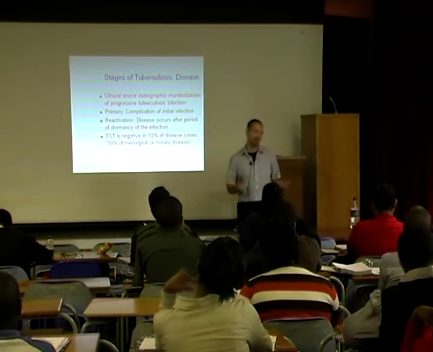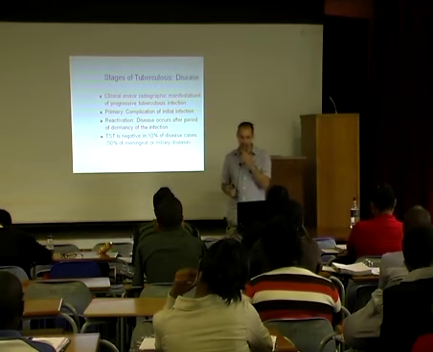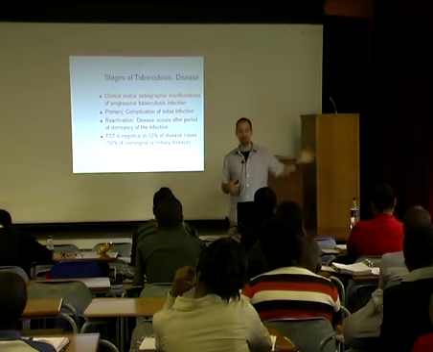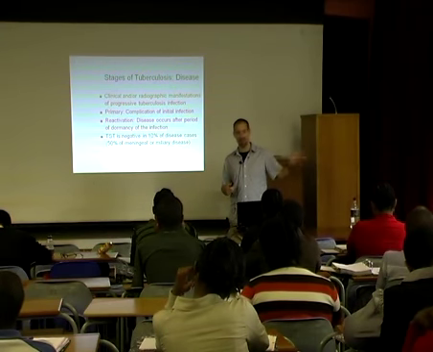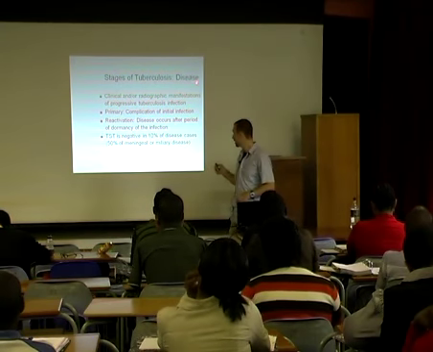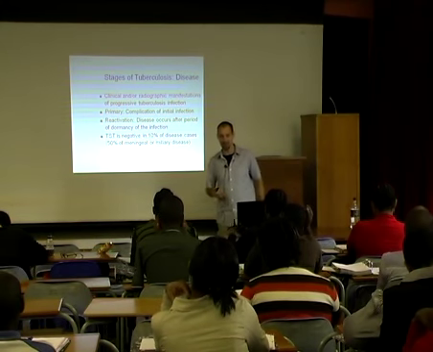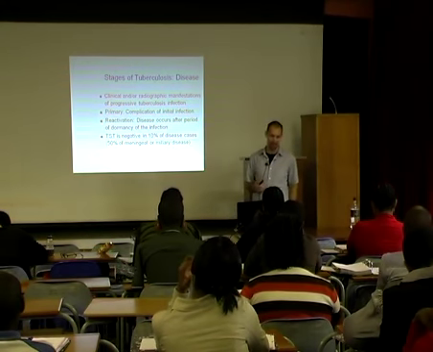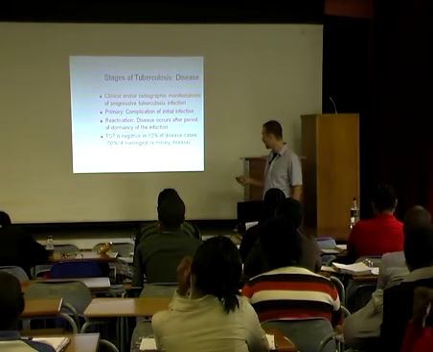The vast majority of HIV-negative patients, they are exposed, they get infected, and they don't ever progress on to disease. They have latent TB infection and they never get sick. If they do get sick later on, that's what we call reactivation disease.